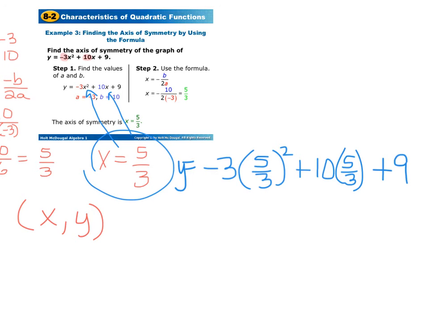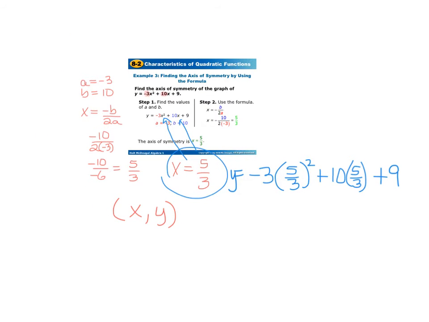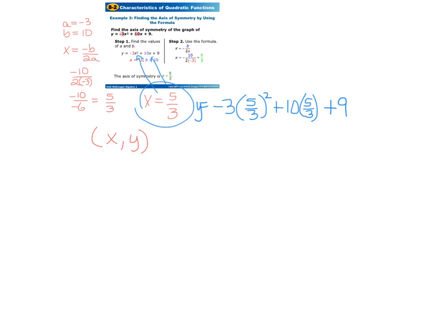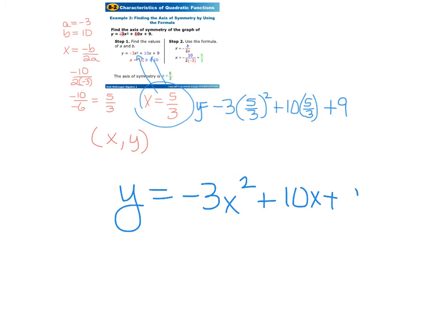I'm confused on how to use the equation. How to use the equation? Okay. So, again, the equation is y equals negative 3x squared plus 10x plus 9. Remember, standard form is y equals ax squared plus bx plus c.